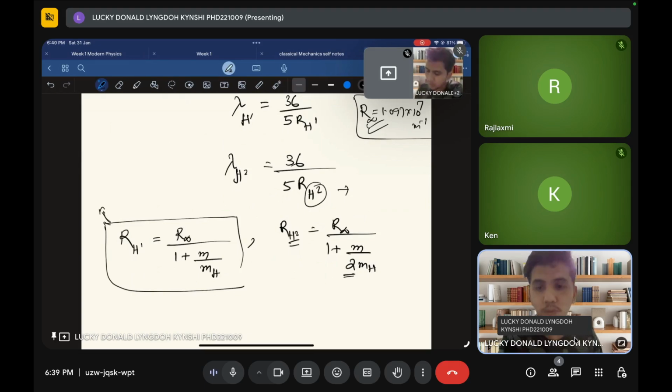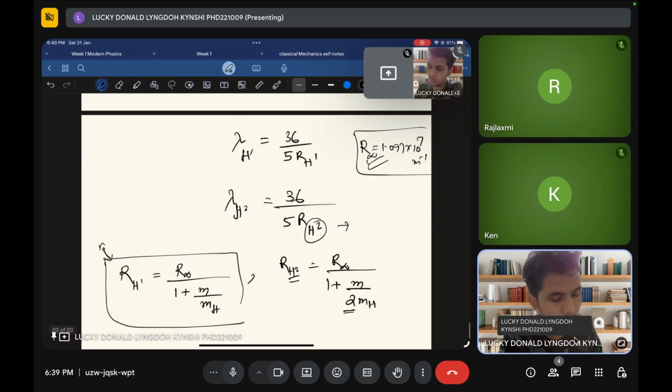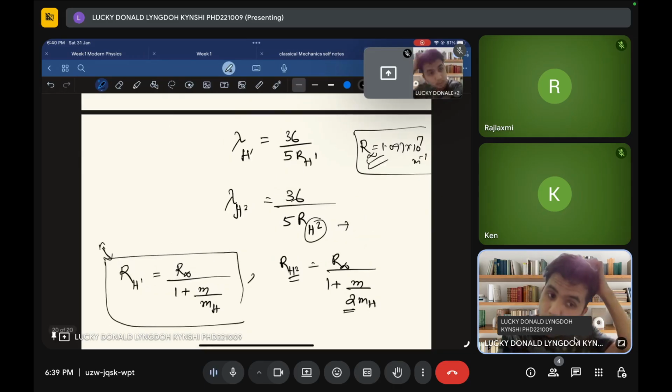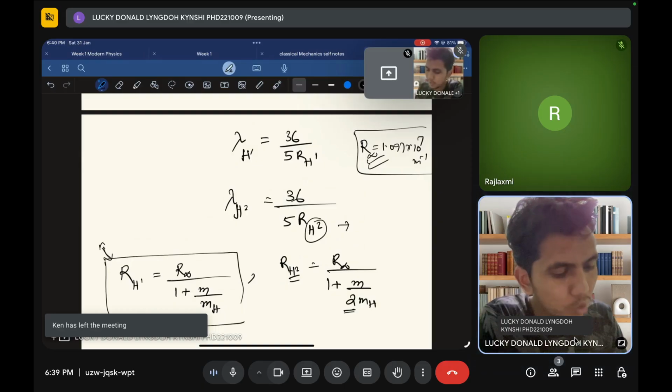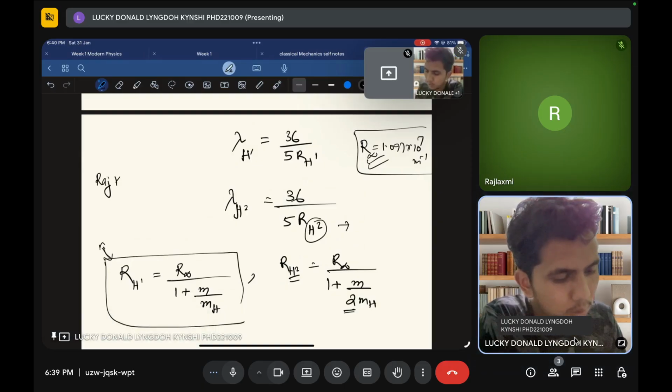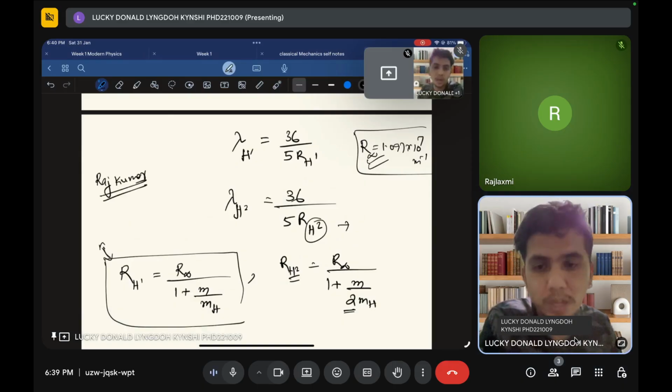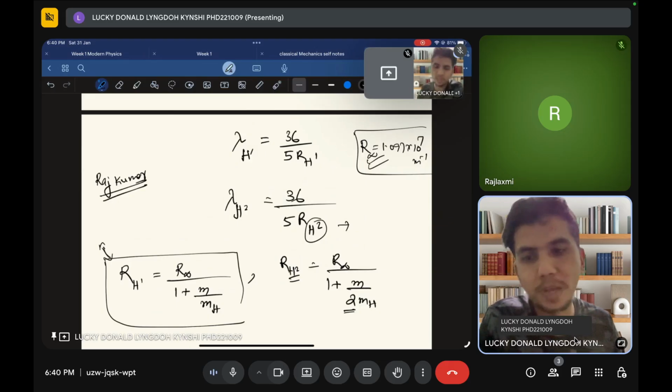If you want to know this formula, you can go to the book Concepts of Modern Physics that I have just told you, by Arthur Beiser, or you can also have Rajkumar's Atomic Spectra. In that textbook the details of this formula are also mentioned.